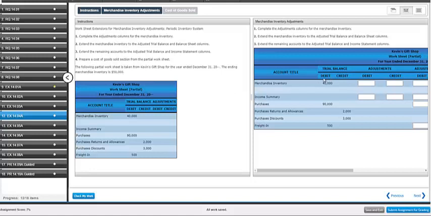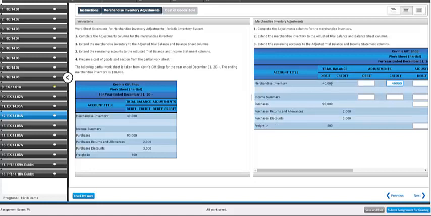Okay, so we know that the balance in our trial balance is our beginning inventory. That's the one that we're trying to get rid of. That's the old one. So if we're going to get rid of the old, the first part of the entry is to credit.